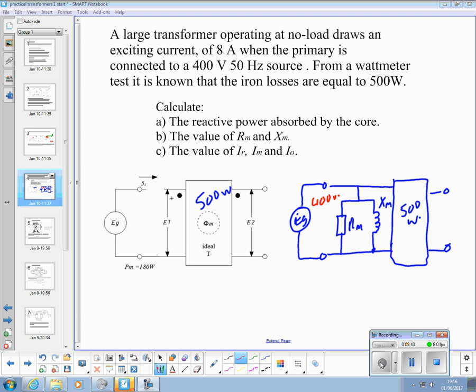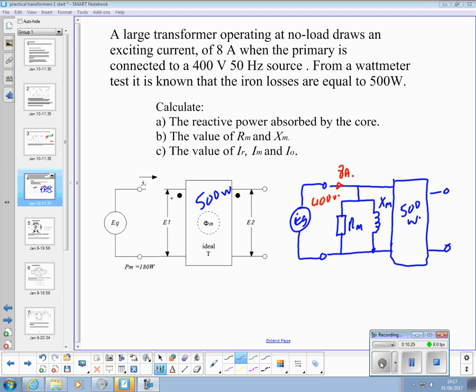It's a bit dangerous, that 8 amps at the moment. I'll see why eventually.